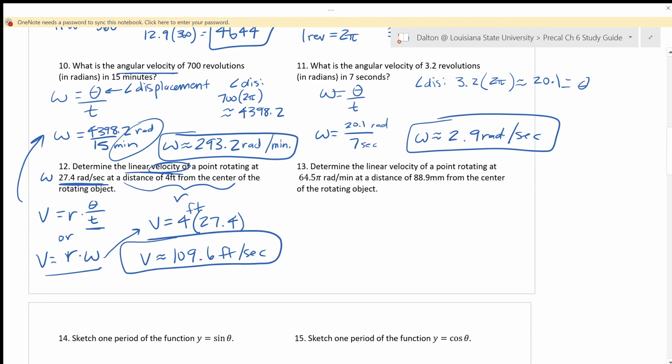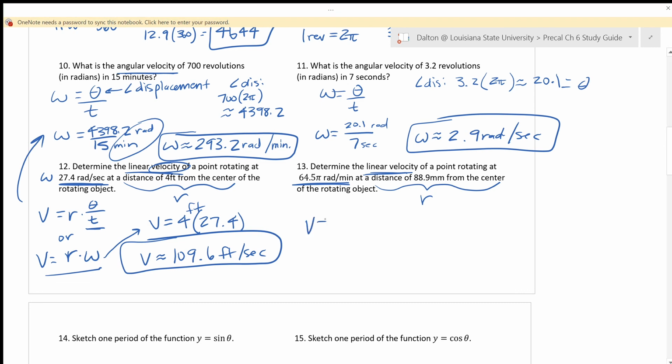109.6 feet per second. Number 13, determine, again, the linear velocity of a point rotating at 64.5 pi radians per minute, at a distance of 88.9 millimeters from the center; again, that is the radius. Very similar problem: velocity equals radius times omega.